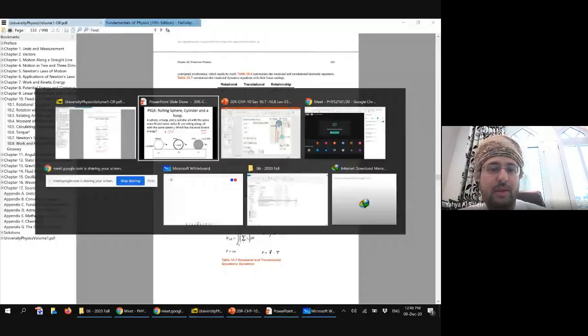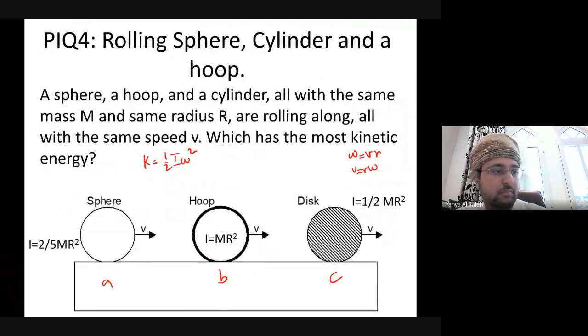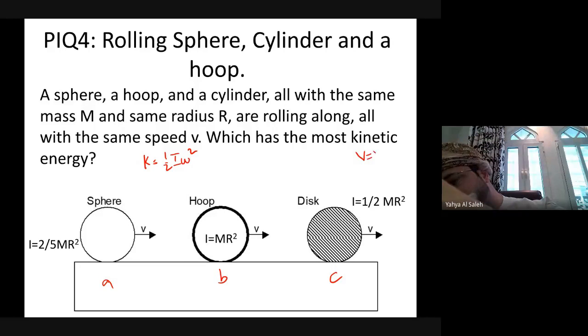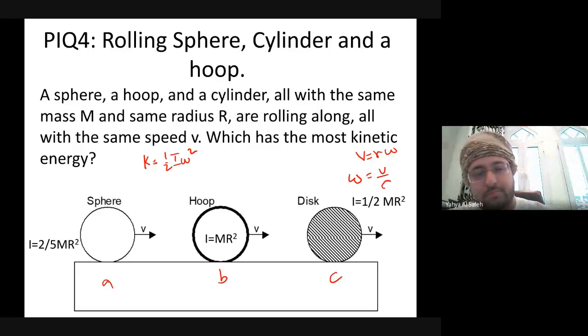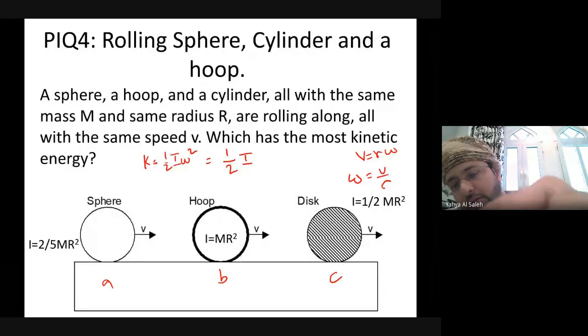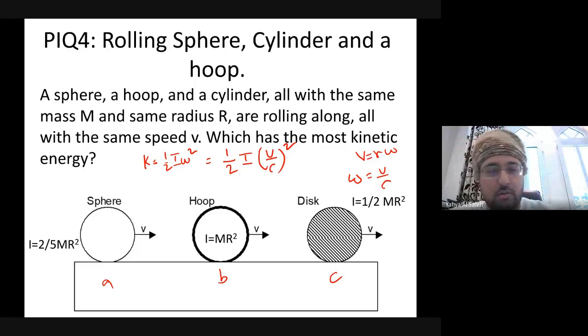V equals R omega, which means omega equals V over R. So half I, V over R all squared. Now, since all of them have the same V and the same R, all of them will have this component the same. It all comes down to I.